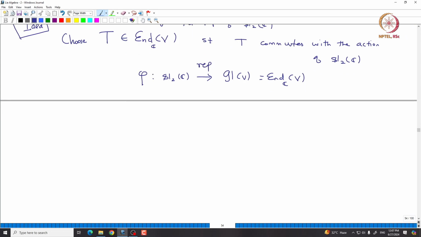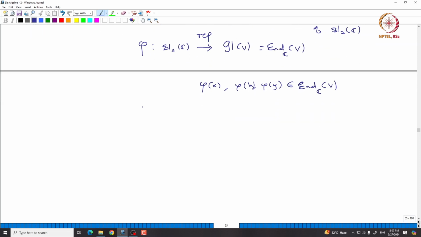We have phi of x, phi of h and phi of y, all of them are elements inside endomorphism of V. Now I want T such that it commutes with all of them. Okay. So once you have such an operator, what can I do with that, that is the question.